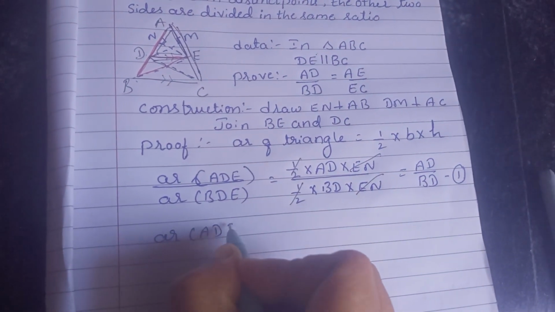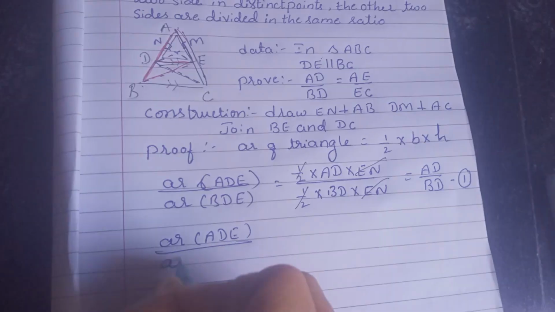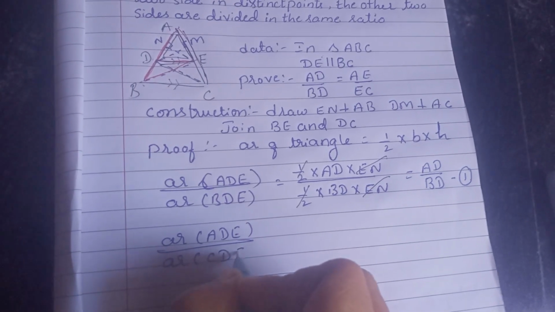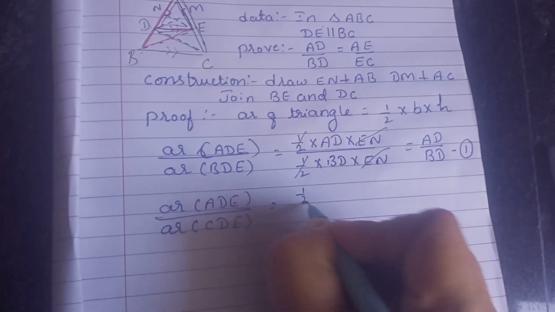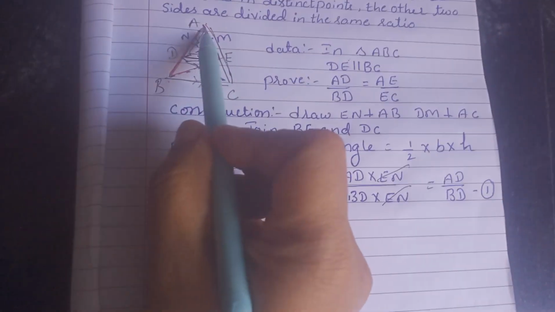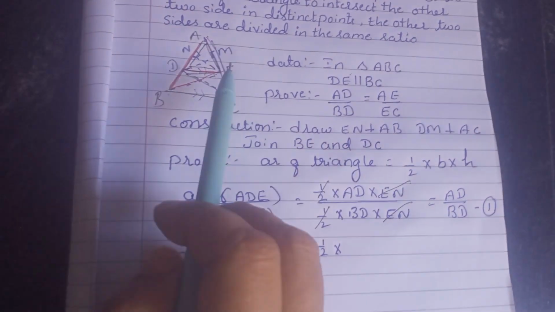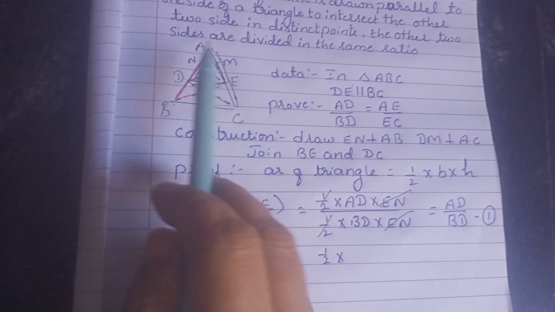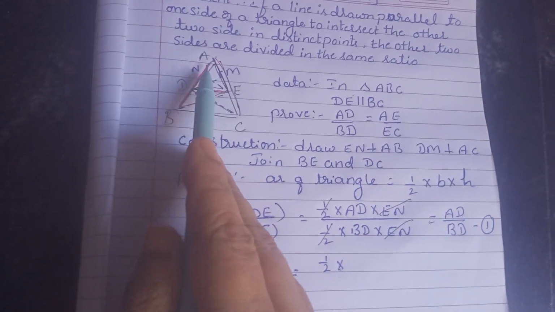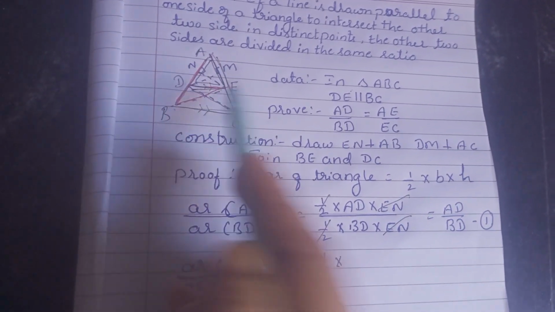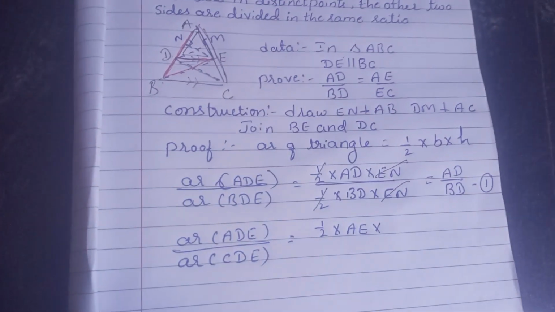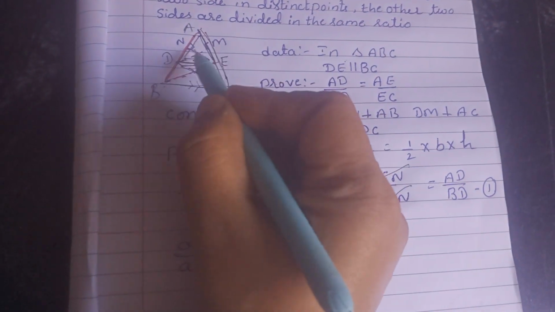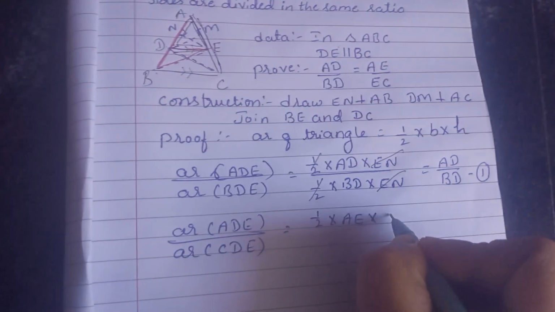Area of triangle ADE by area of triangle CDE. Half into, in triangle ADE, AC is the base we selected, so AE is the base, into the height, the perpendicular line DM.